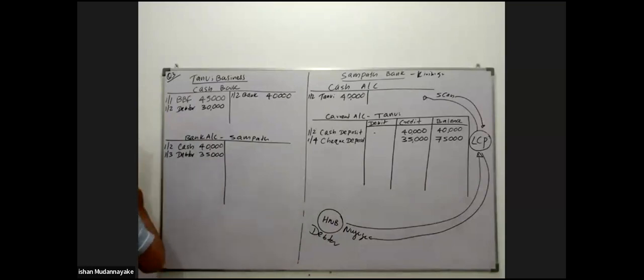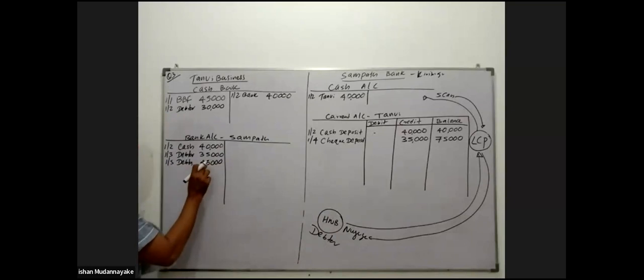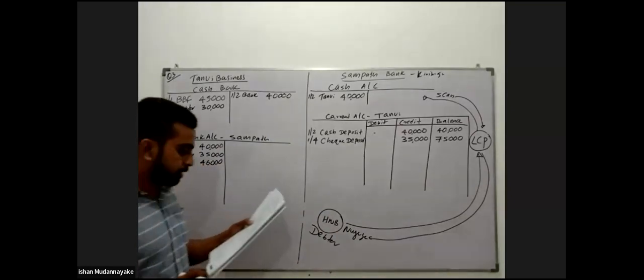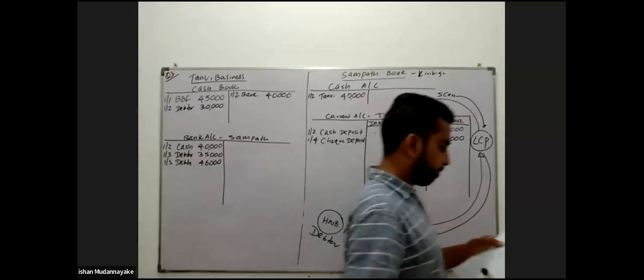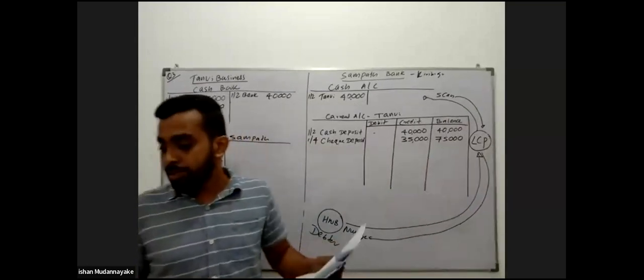On 5th January, debtors 46,000. Thane recorded this 46,000 check on 5th January, but the realized date is 7th January.